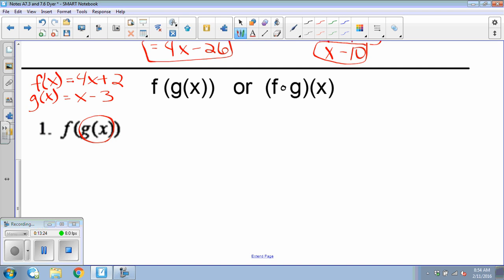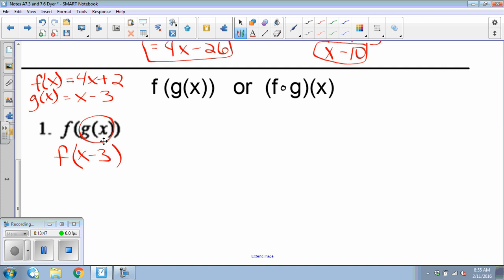You look at the f function. So let's replace g of x with what it is. No, you don't multiply. This is not multiplying. It would say times. So this is f of, what's g of x? x minus 3. We just did that.